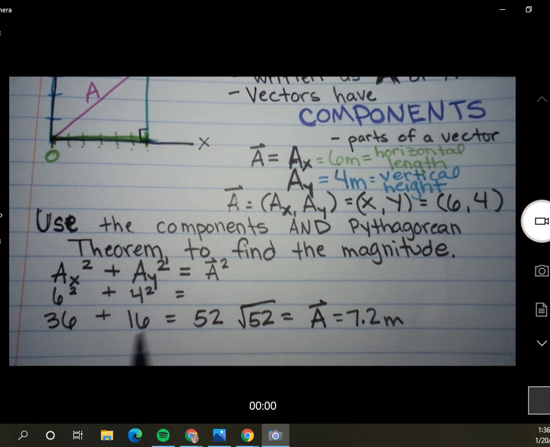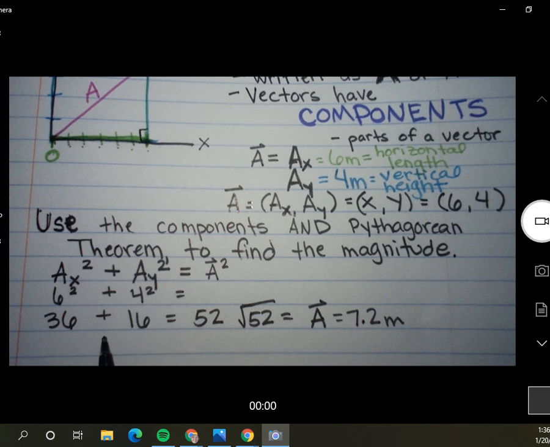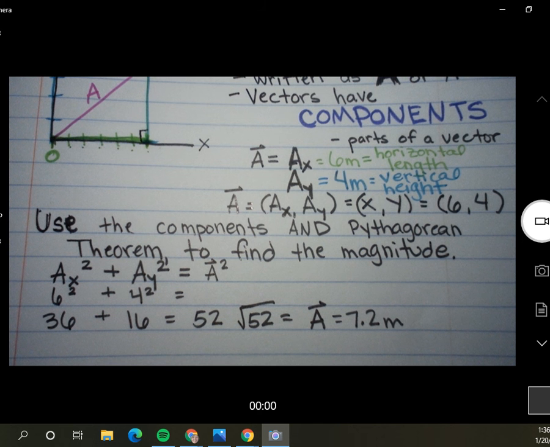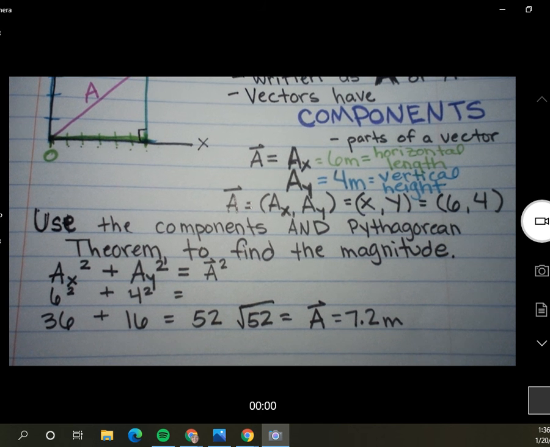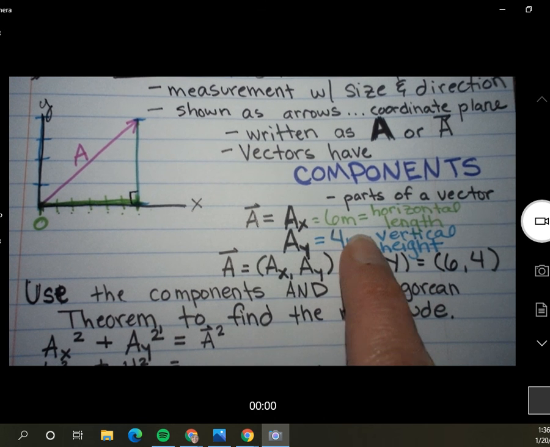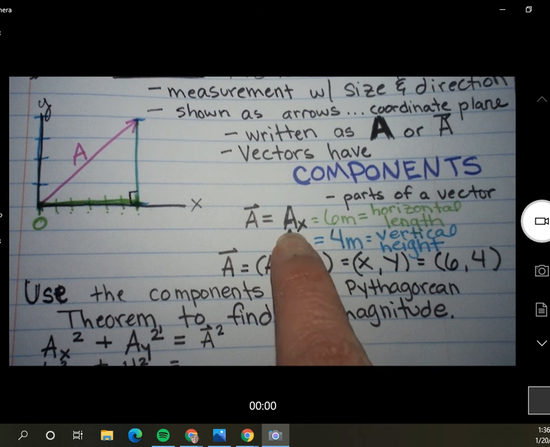All right. Now we will be using this later on in a lot of different ways. But I just want to bring that back in your notes today to make sure that we have that somewhere in our peripheral. Okay. So let's come back to this idea of components. Component parts.